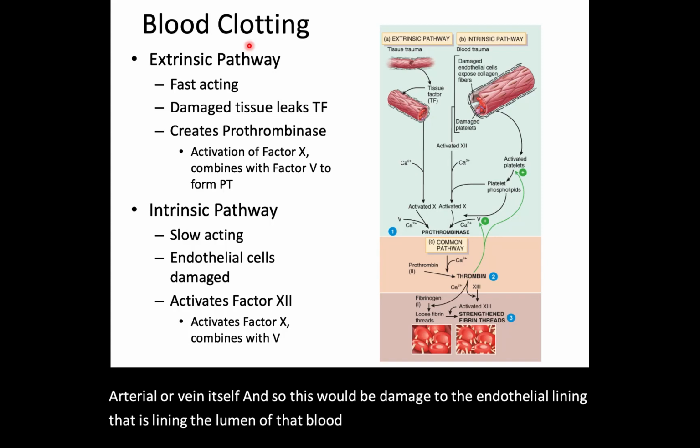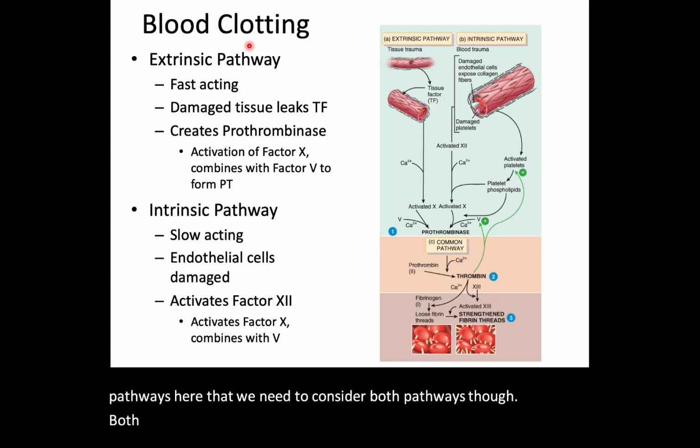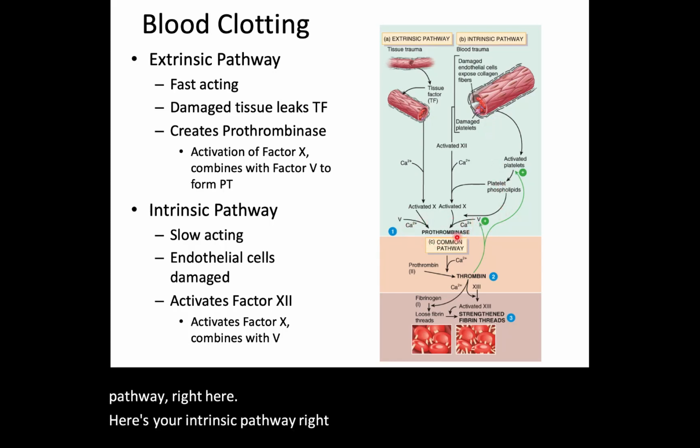And so we've got two different pathways here that we need to consider. Both pathways, though, lead to the same end result. All right? Here's your extrinsic pathway right here. Here's your intrinsic pathway right here. Both of them lead to the production of prothrombinase.